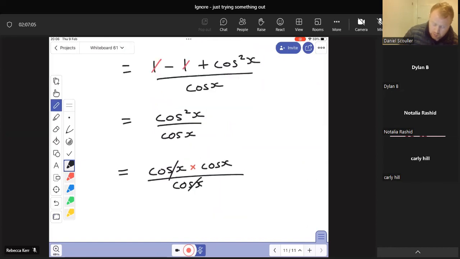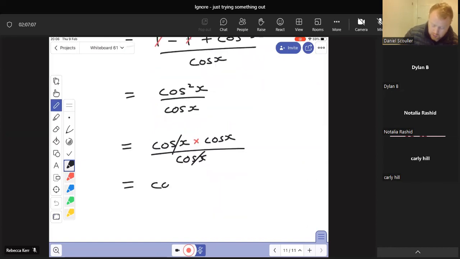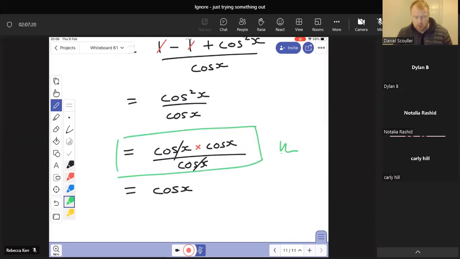So one of those rule out, and I'm just left with cos x. Don't need to do that line in the exam. I'll put in a green box in the exam.